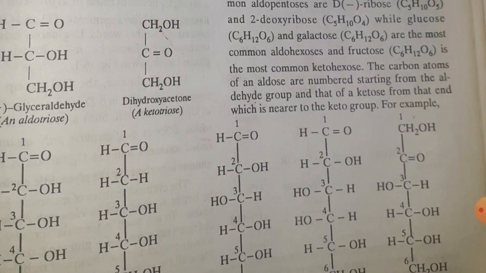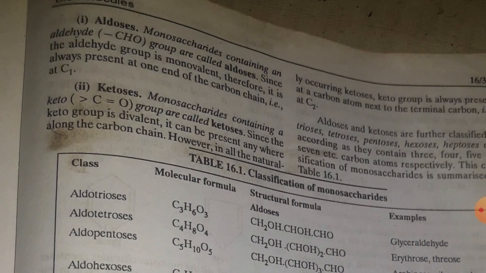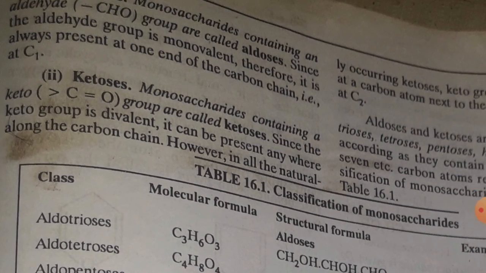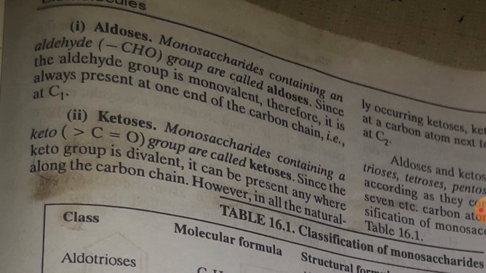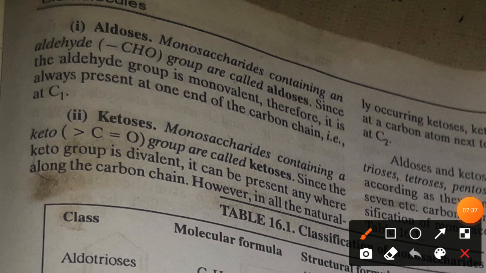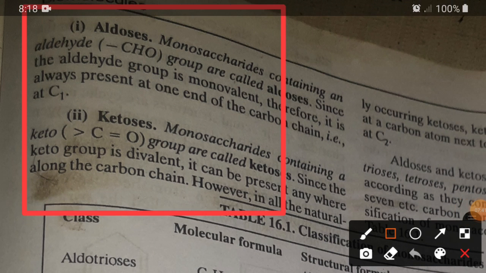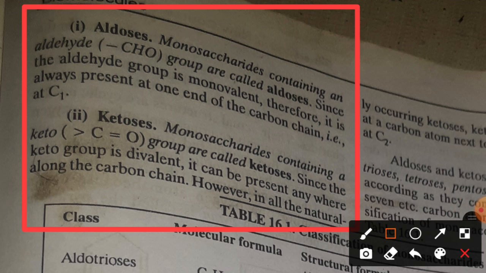Now these monosaccharides are classified into two categories based upon the functional group present in them. They are classified as aldoses and ketoses.